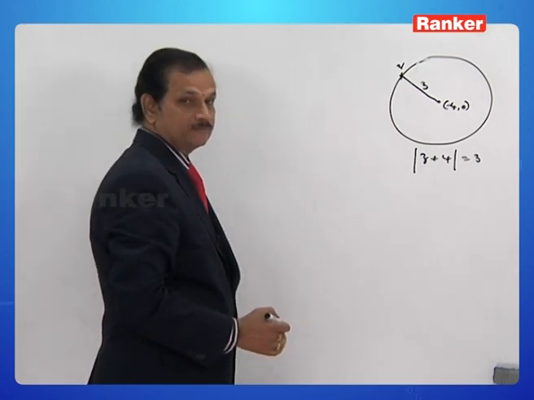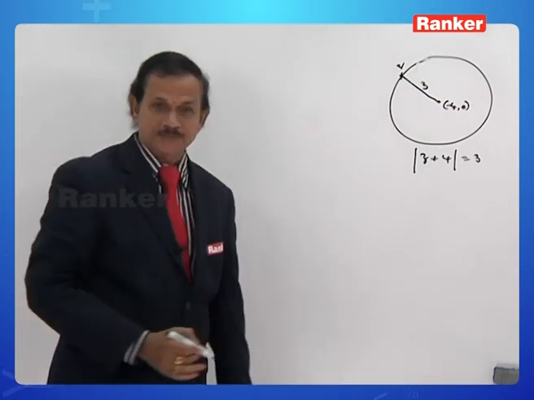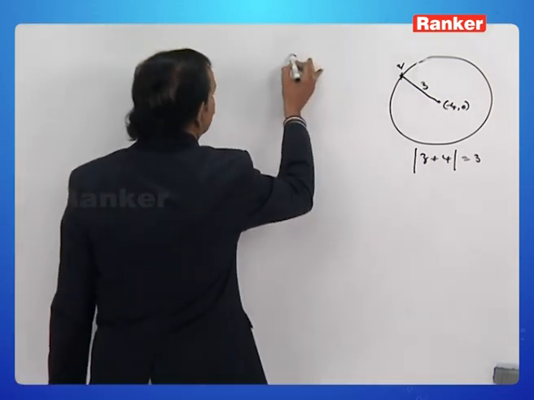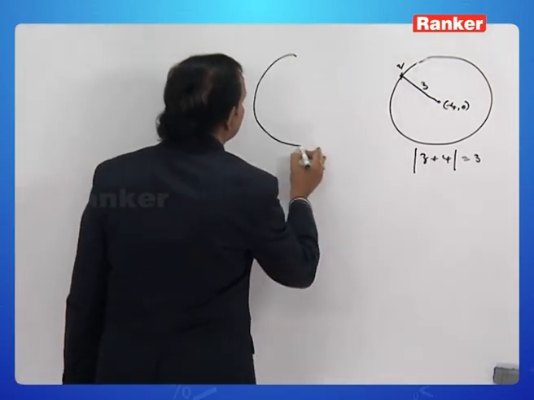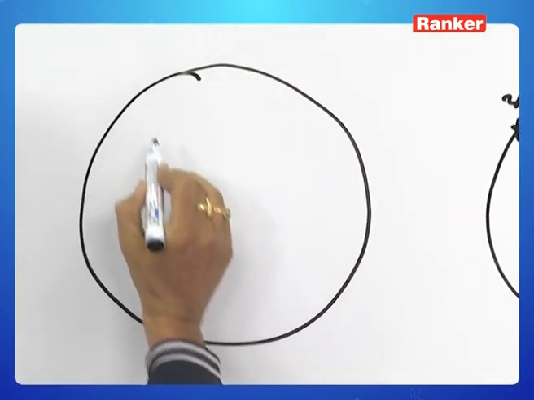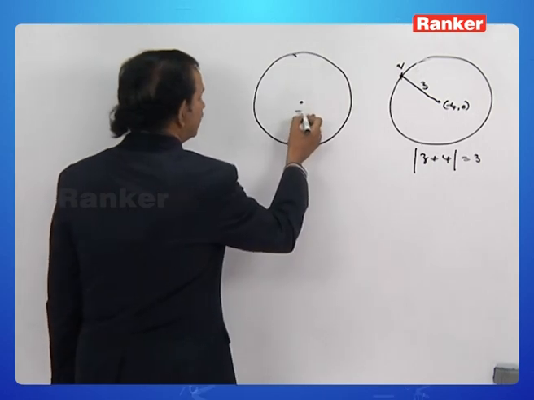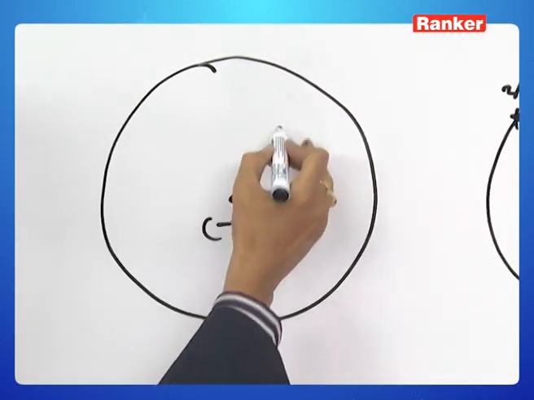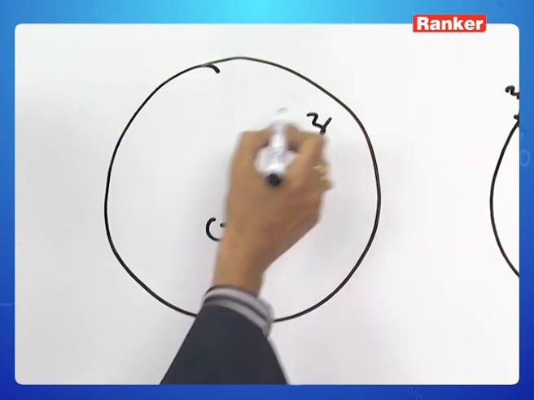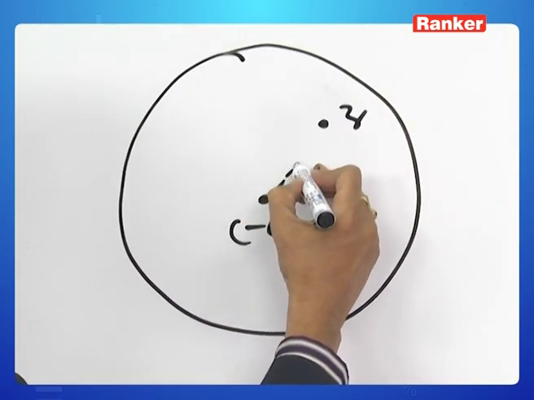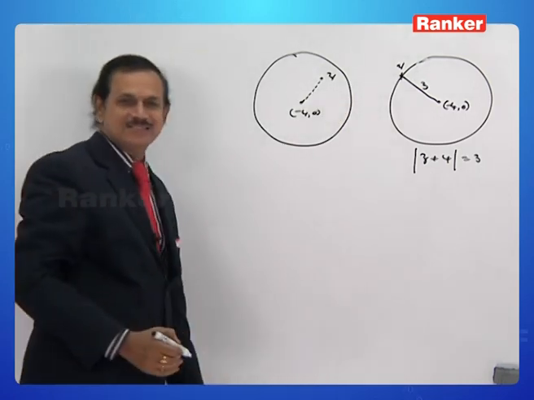If the complex number z lies on the boundary of the circle, there might be another case also. What is that case? The same circle, center is minus 4, 0. Imagine that the complex number z lies in the interior. Then what should happen? This distance must be less than the radius, isn't it?